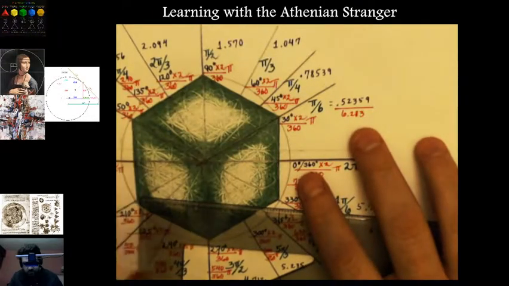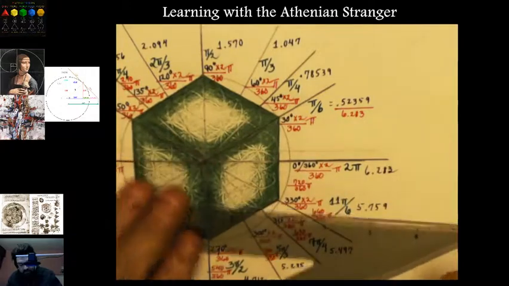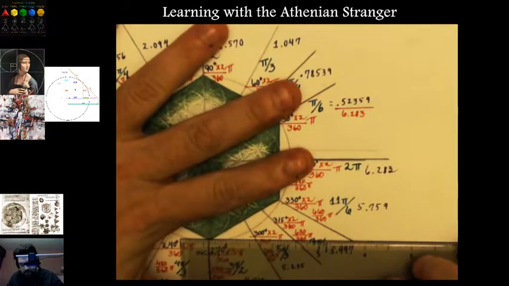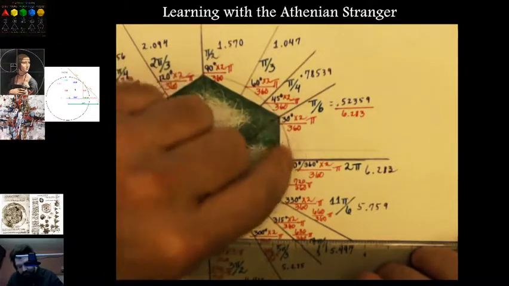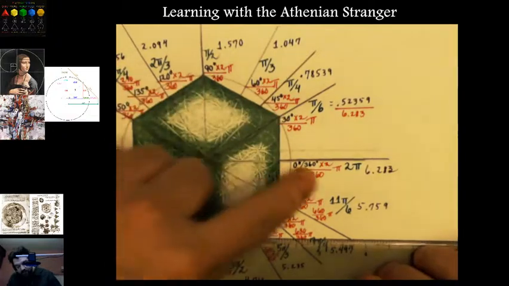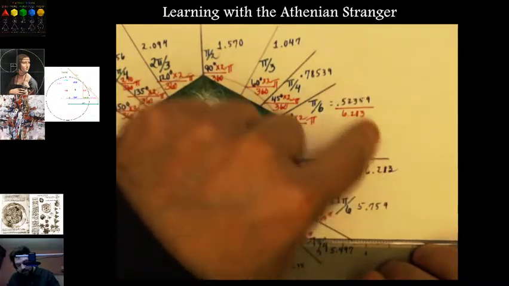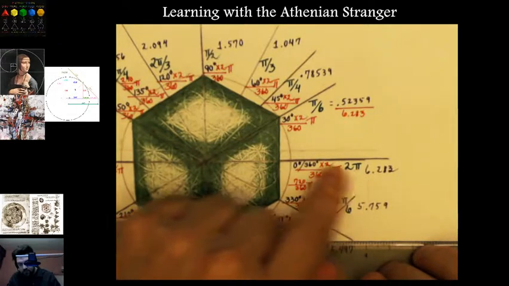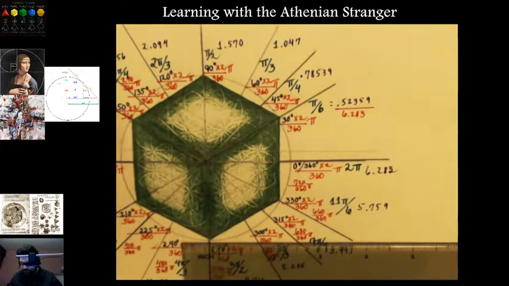And this will give us the portion of the circle represented by 30 degrees as a circumference. This portion of the circumference represented as a percent of the total circumference of the circle.